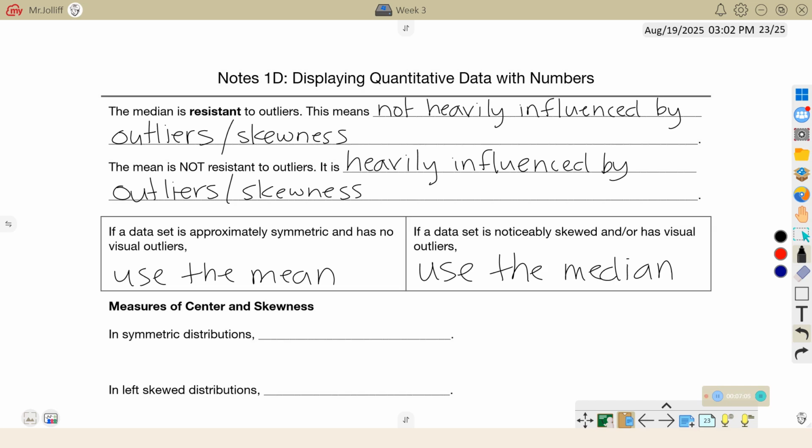If there's no outliers and no heavy skewness, I can use the mean, there's no problem. But the second there's outliers or noticeable skew, I want to use the resistant statistic instead. The resistant statistic will be a more accurate measure of the middle of the data in those cases.